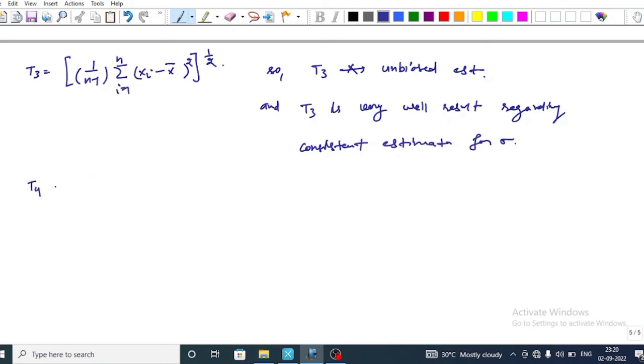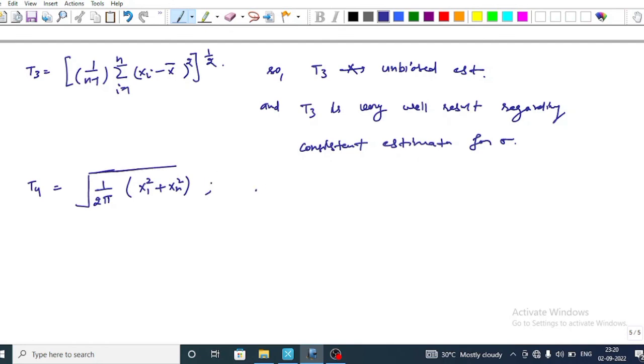Similarly, T4 equals to 1 upon 2 into x1 square plus xn square, under square root.